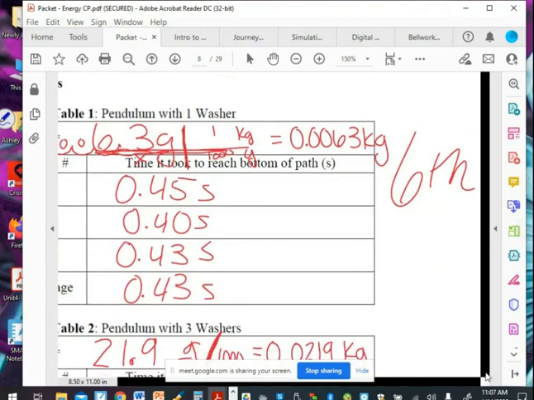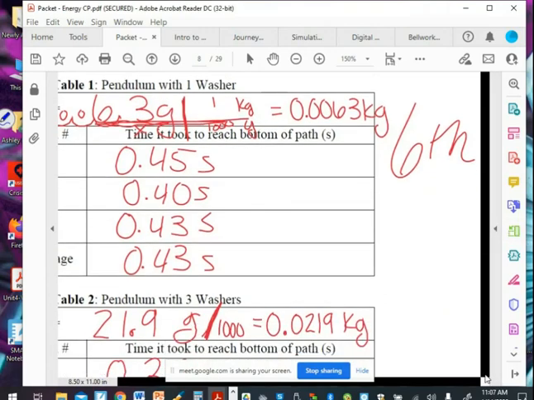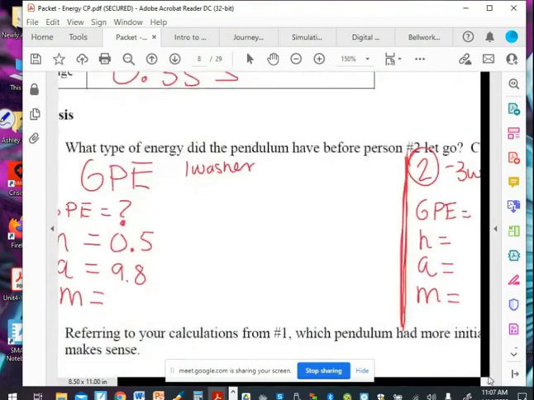Make sure that you transfer all your zeros correctly. Don't miss one. So 0.0063. Again, everybody will have 0.5, everybody will have 9.8, but your M may be different.